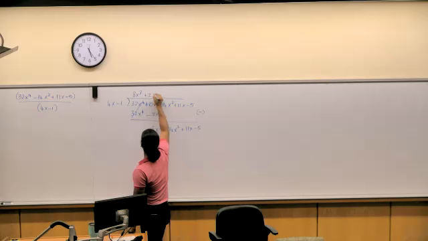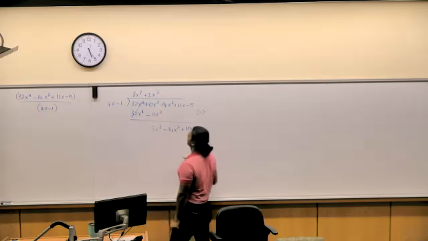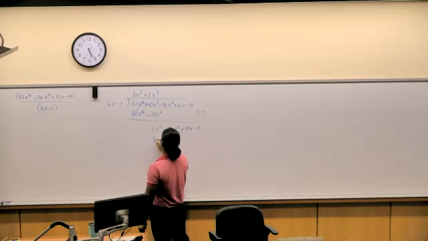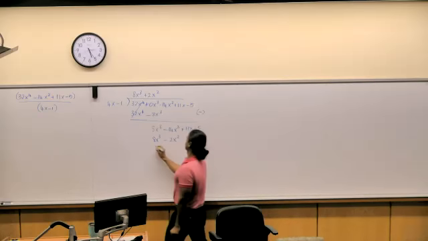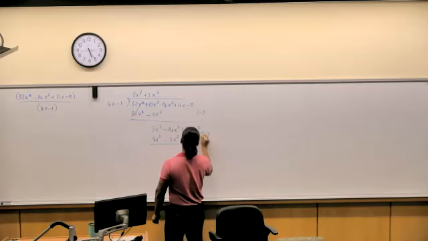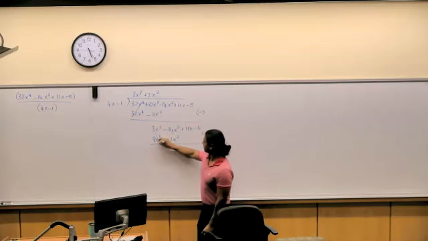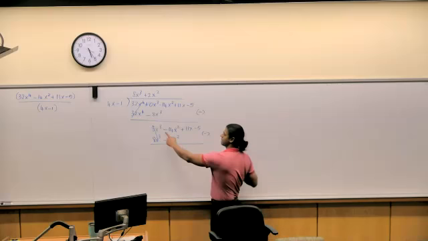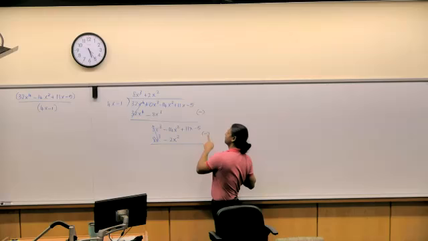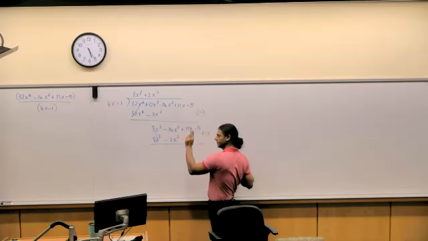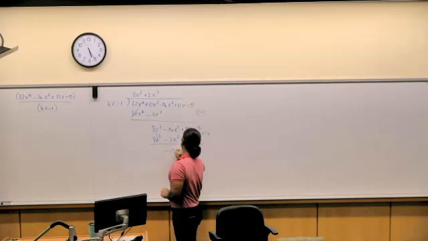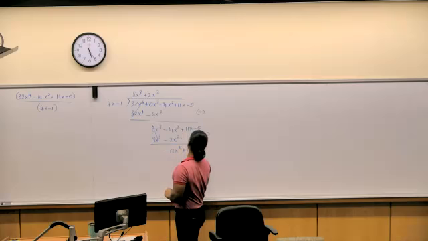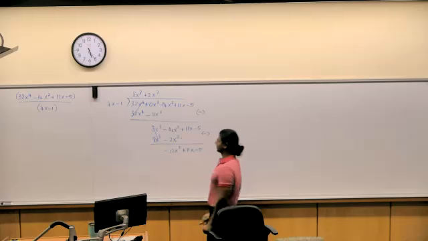So 2x squared, 8x cubed, minus 2x squared. Subtract, these two will go away. Minus 14x squared minus of minus 2, so plus 2x squared, so negative 12x squared, plus 11x minus 5.